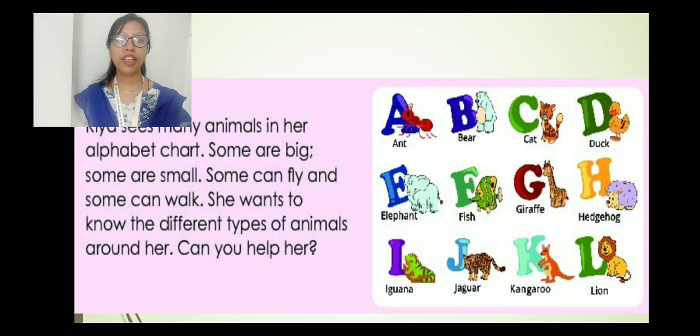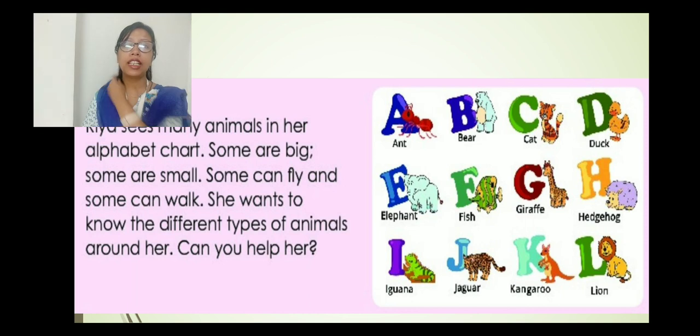Then we have G for giraffe. Giraffe has a very long neck. Then we have H for hedgehog. Then I for iguana, J for jaguar, K for kangaroo, and L for lion. So these are some of the animals with the alphabets that Ria sees in the alphabet chart.